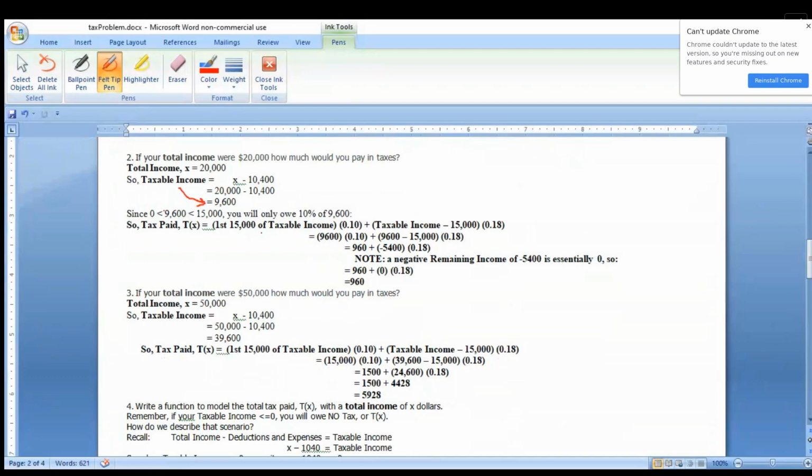The first 15,000 for us is just 9,600. So 9,600 times 10% is $960.